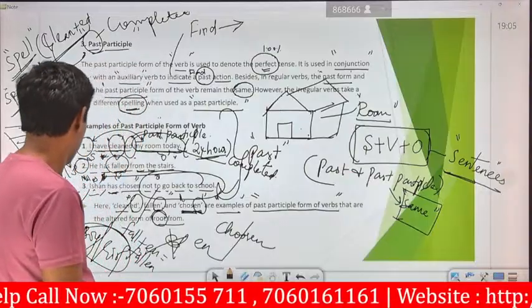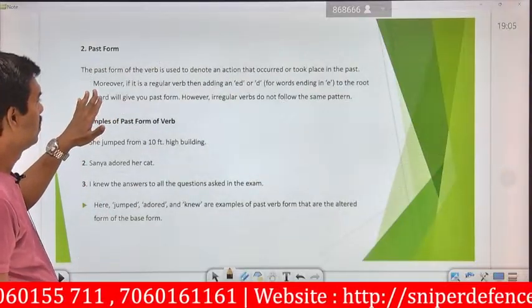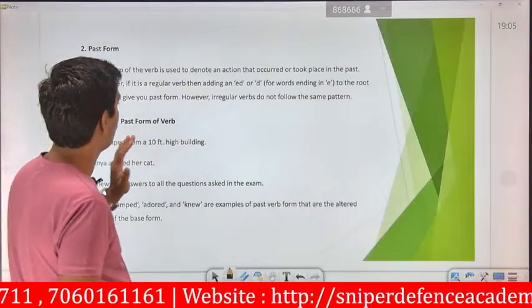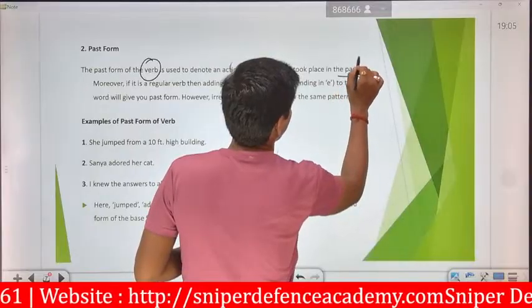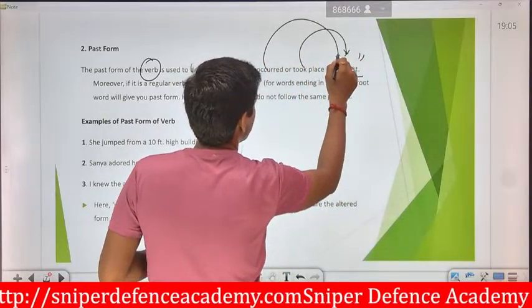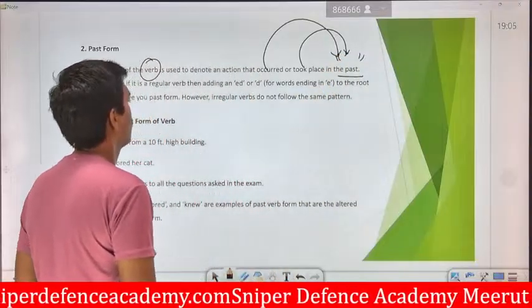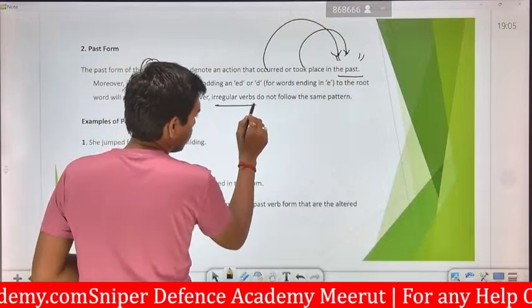For example, this past form. Let me say that it is also a type of verb. One is regular, one is irregular verbs.